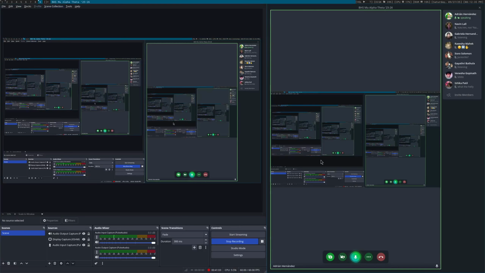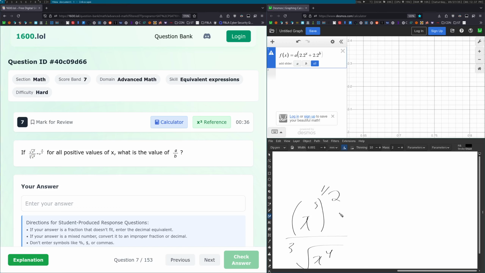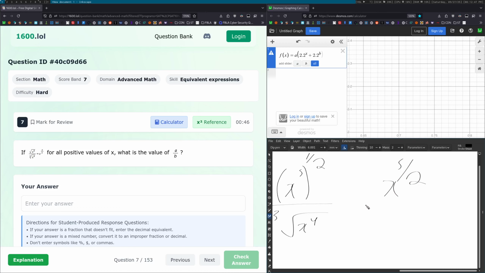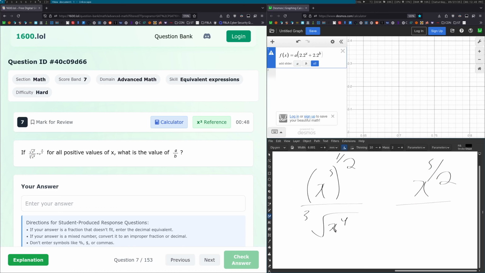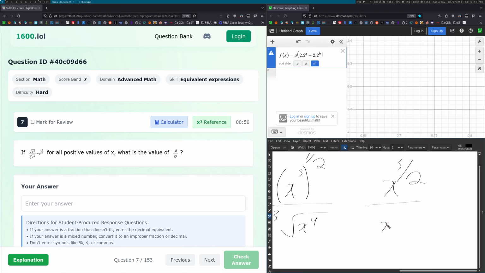For the top, when you have an exponent to an exponent, you just multiply them. So that's going to be x to the 5/2, divided by x to the 4 raised to the 1/3 power, since it's a cube root. So x raised to the 4/3.